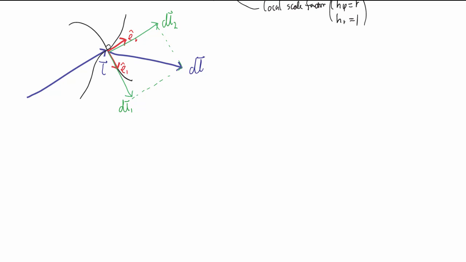Okay. So just as before, dl corresponds to a change in the coordinates. We go from L, which depends on r1, r2, and r3, to L, which depends on r1 plus dr1, etc.